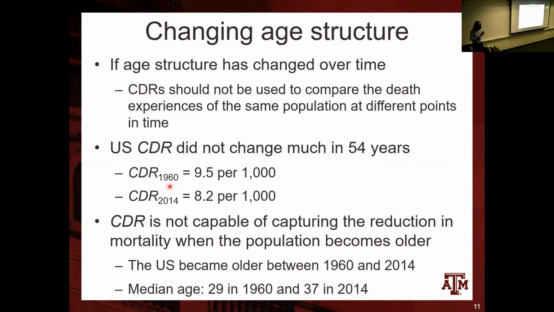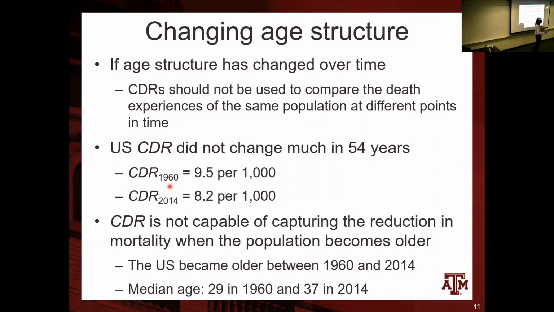Exactly because the crude death rate does not take into account the age composition of the US back in 1960 and in 2014. The CDR is not capable of capturing the reduction in mortality when the population becomes older. When the population becomes older, older people are more likely to die.